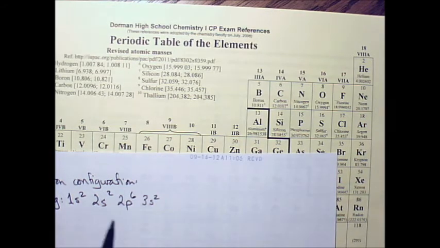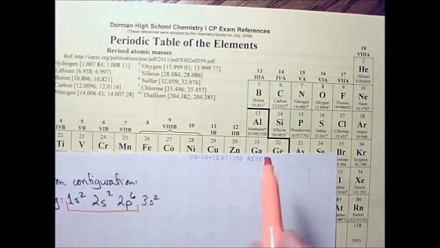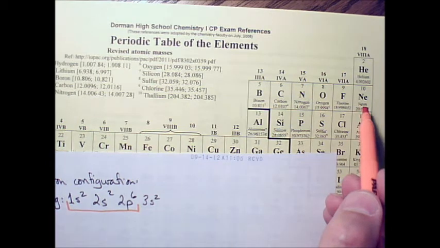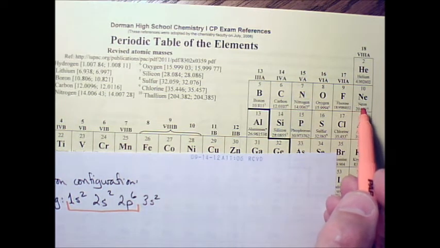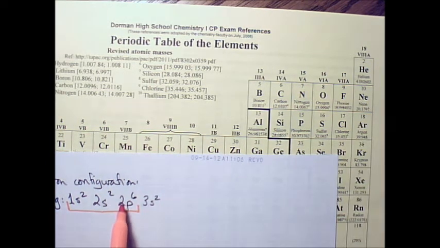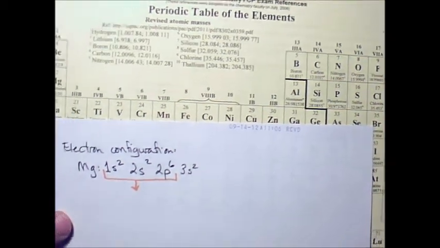Okay? Now, if we're going to do a shorthand version, also called the noble gas or abbreviated version, we're going to take out the noble gas part of this configuration, and that right there is the configuration of neon. Okay, so neon is 1s2, 2s2, 2p6. So we're going to take that out to write our shortened version.